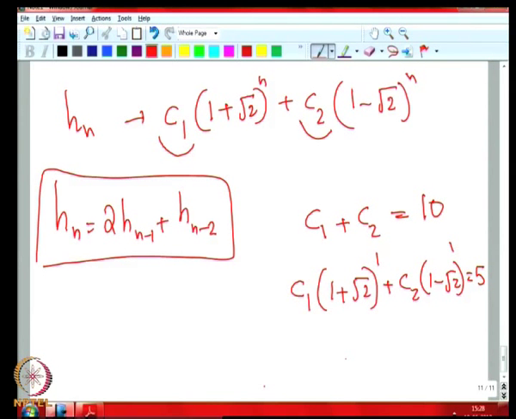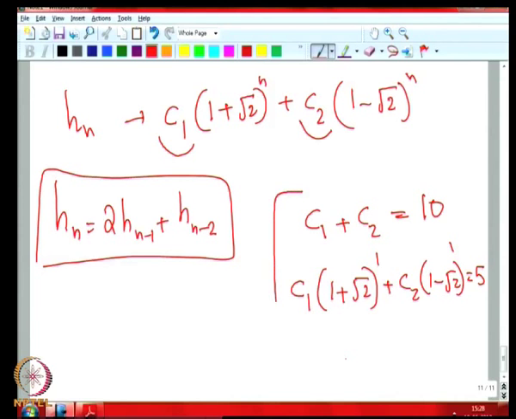So, we will get it like this. Now, we know that these are simultaneous equations that can be solved, and this is definitely not a multiple of this thing.